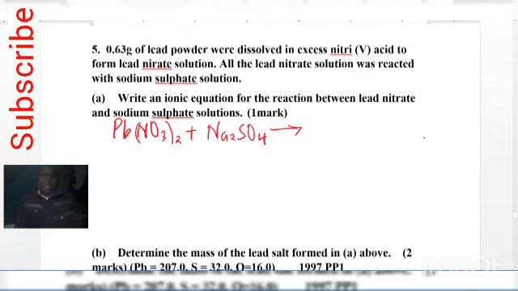This is a double decomposition reaction. They will interchange the anions. Both of them are aqueous. They will interchange the anions, forming an insoluble salt, which is lead sulfate, plus sodium nitrate.